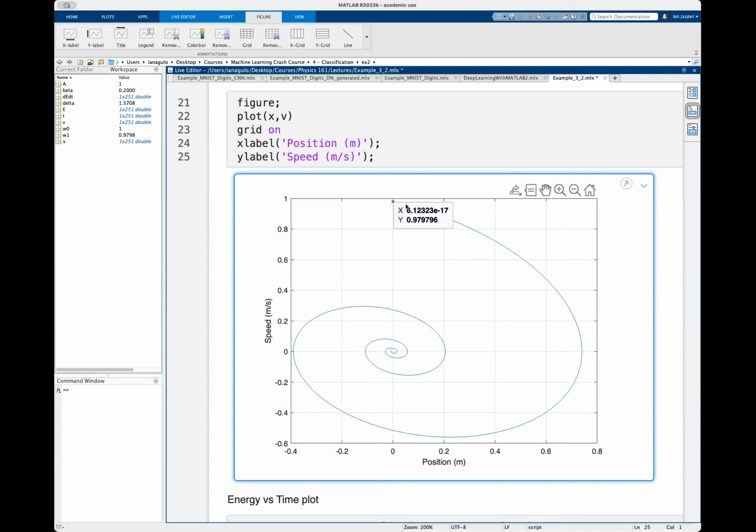Okay, and the particle has a positive velocity. As it moves towards the maximum position, then we get zero velocity. So zero yung velocity at the maximum position.